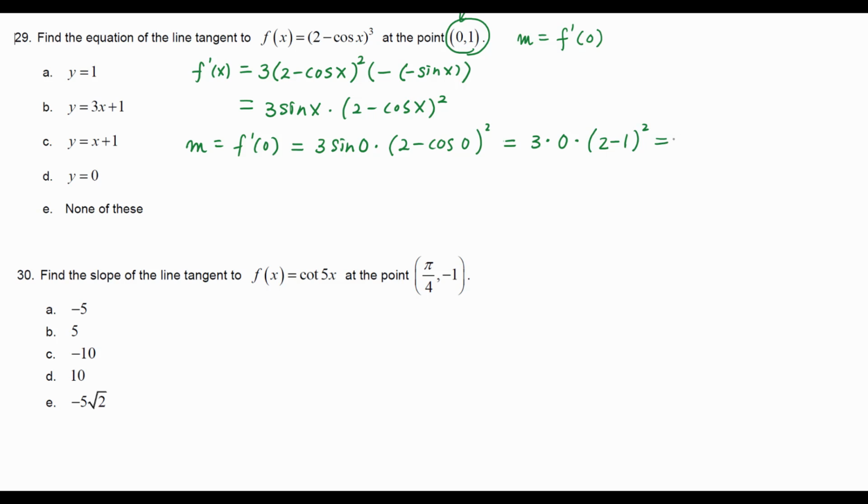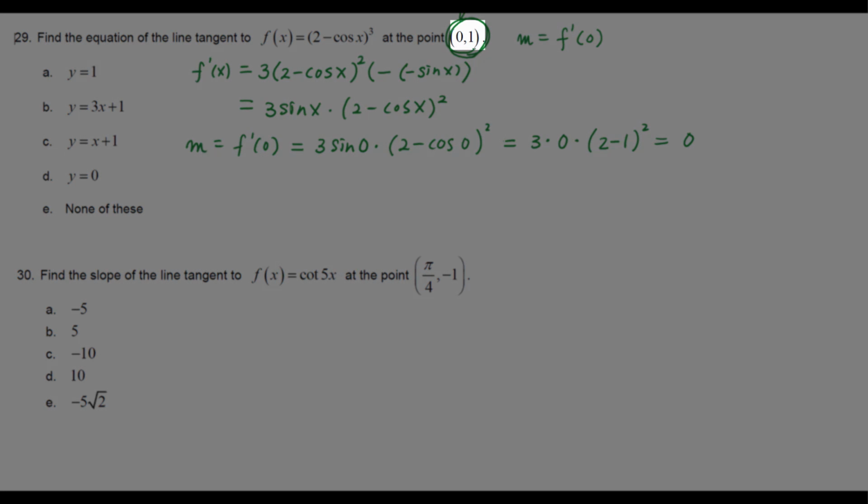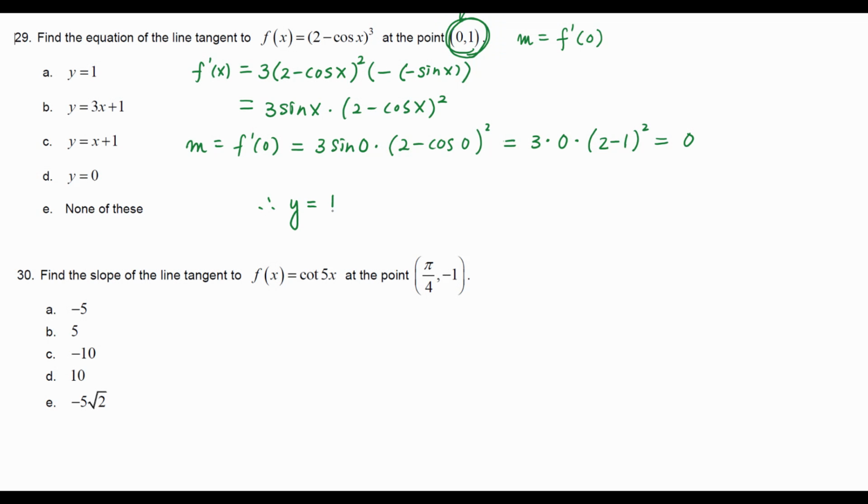We're going to multiply everything by 0, so you get 0. So the slope of the tangent line is 0. So you have a line with slope 0, which is a horizontal line. And since this horizontal line passes through (0, 1), the equation of the tangent line is y = 1. So the answer is A.